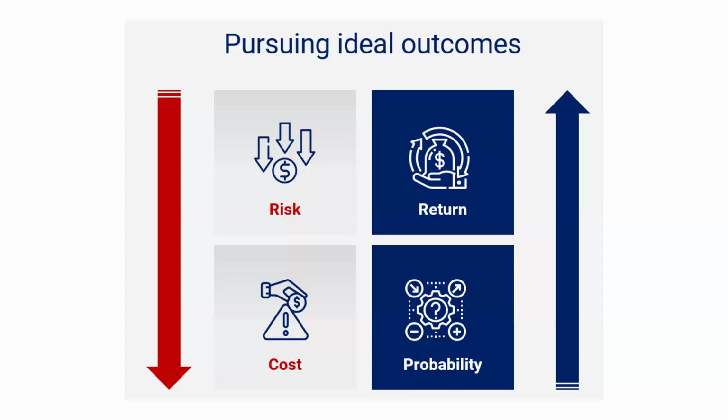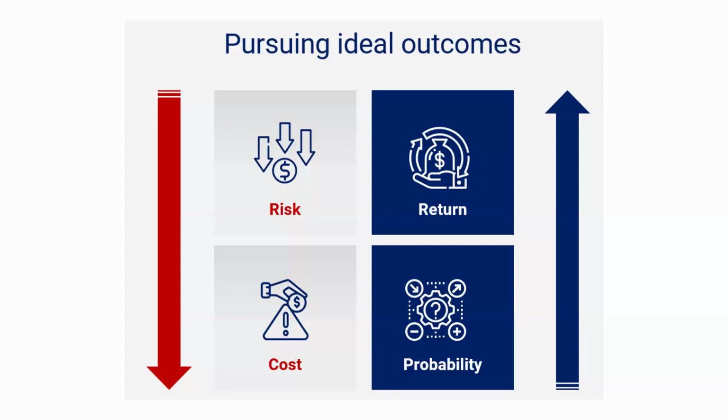And on the right, of course, we want infinity return and 100% probability, which doesn't exist either, just like risk-free and cost-free things. So we need to keep the arrow on the right going in the correct direction, which is up, with a clear understanding that over-focusing on any one of these boxes exclusively is dangerous and potentially catastrophic to your wealth-building exercise over time.